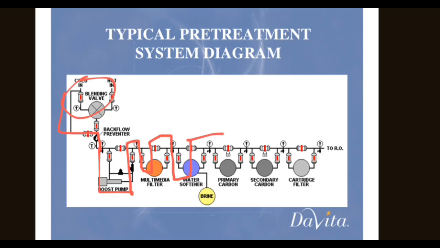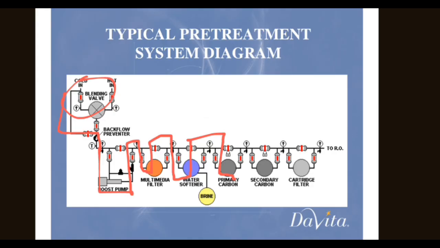Then water comes to our first carbon filter, which is called the primary carbon filter, which removes chlorine and chloramine. The water softener removes calcium and magnesium, which cause hardness. So the multimedia filter removes the particles which size is more than 10 micron. Means the molecules which size is more than 10 micron are removed by the multimedia filter.